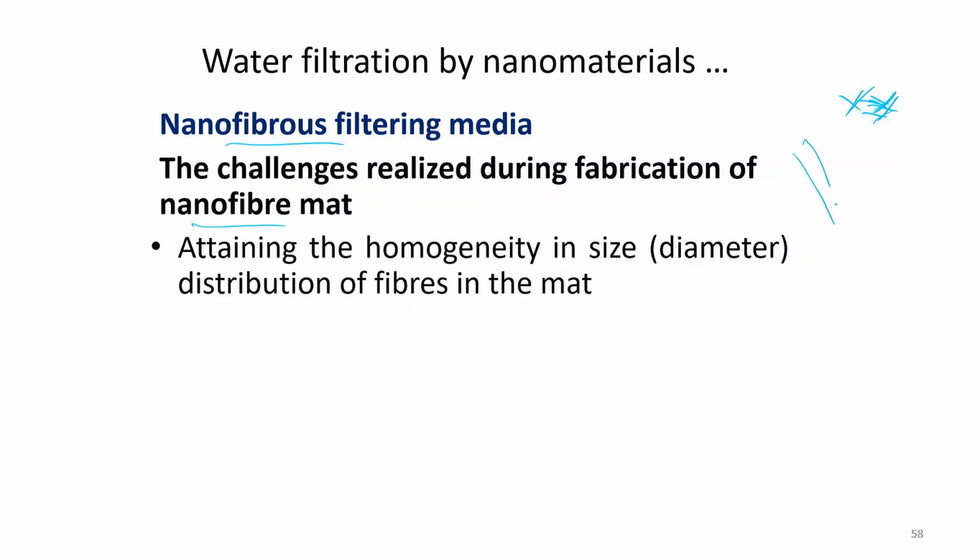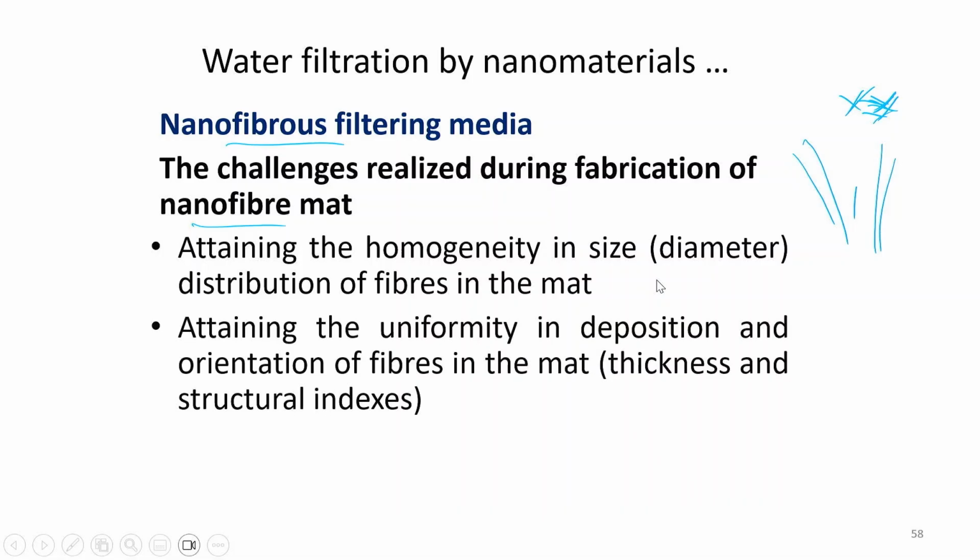It has been observed that when we produce nanofiber, the diameter distribution is wide and the homogeneity is not there. So, that is a mixture. That is the main challenge in nanofiber mat manufacturing development.